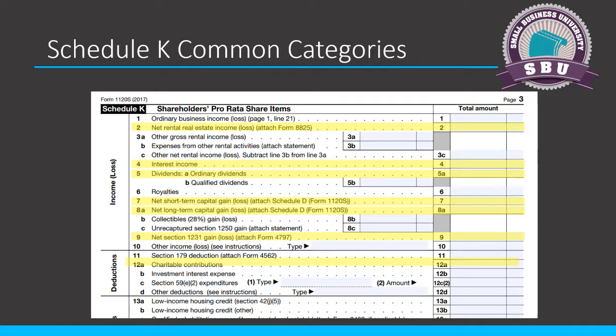However, only about 25% of my clients have any of these. So 75% of my clients have none of this, and there's not much on the Schedule K at all other than line 1 and then some things down at the bottom that are distribution related. The rest of Schedule K is extremely rare.